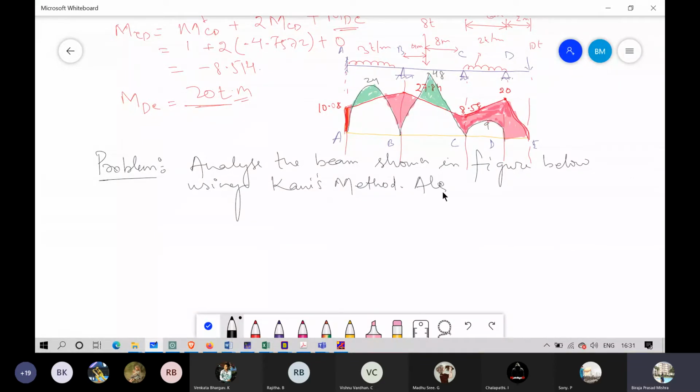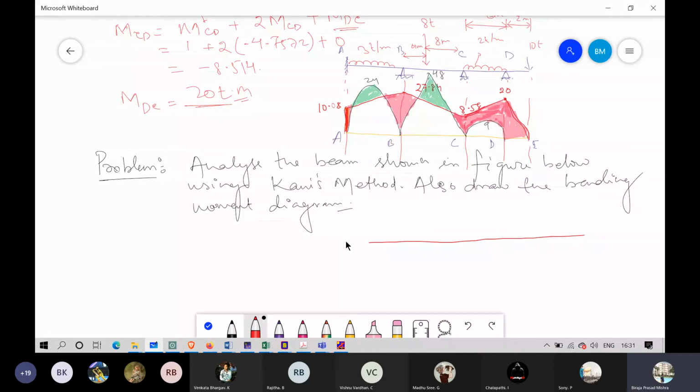Also draw the bending moment diagram. Okay, so let us see how that structure looks.